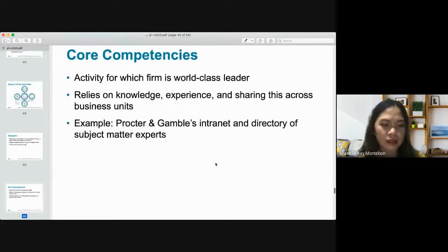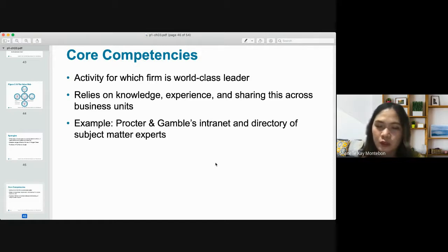So core competencies is an activity for which a firm will become a world-class leader. In general, it relies on knowledge, experience, and sharing this across business units. Example for this is Procter & Gamble's intranet and directory of subject matter experts. So si Procter & Gamble, meron siyang intranet called InnovationNet, wherein dito, yung subject matter experts can provide information to the employees or the management of Procter & Gamble kung ano man yung questions or concerns nila.